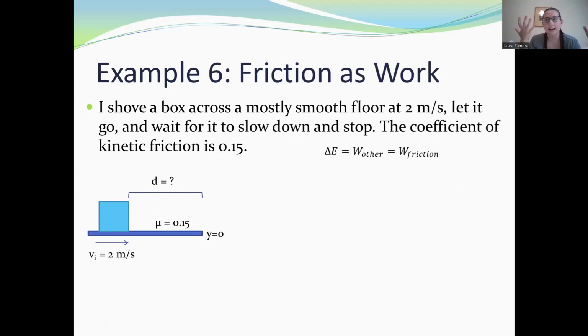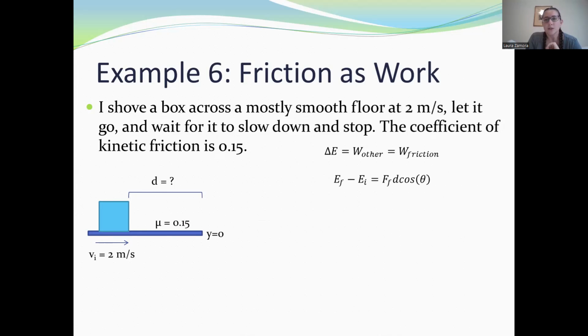Now we're going to ask that question to ourselves again, just like we did in the other examples. Is that change in energy equal to outside work? Is there outside work acting on this system other than just gravity? The answer in this case is yes, absolutely, and that is friction.